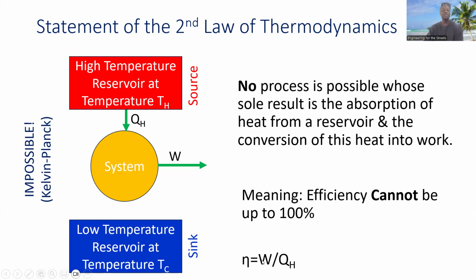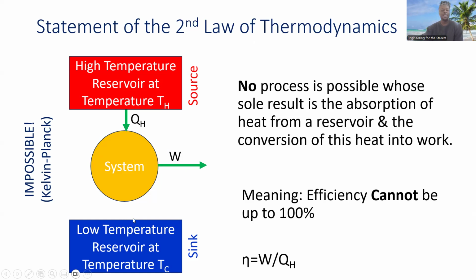Efficiency is a ratio of the work done by the heat engine to the heat received from the hot reservoir. So if this process were possible, that means efficiency would be 100%, because all of the heat is converted to work without a residual heat rejection.